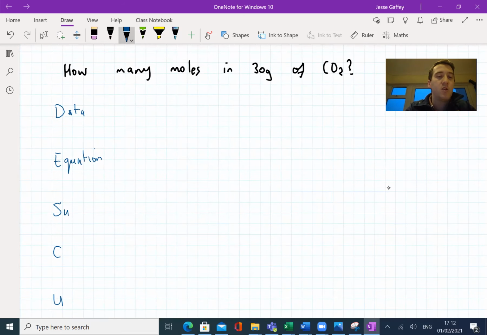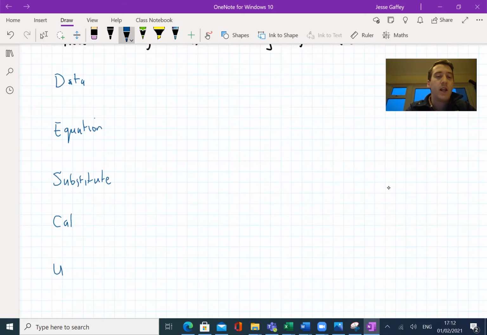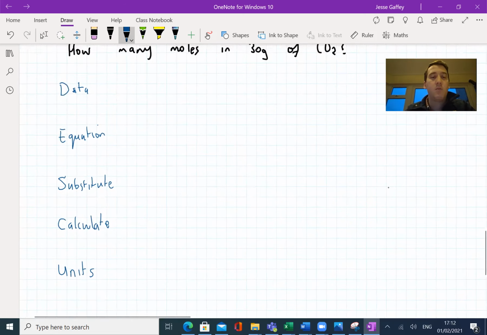S stands for substitute. And this means you're going to put in data from your data line into the equation, substitute in numbers instead of letters or words. C stands for calculate. So you get your calculator out and you do the sum. And U stands for units. What are my units? So this is the DESCU method.